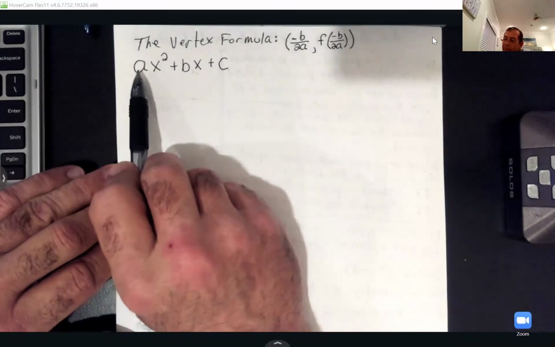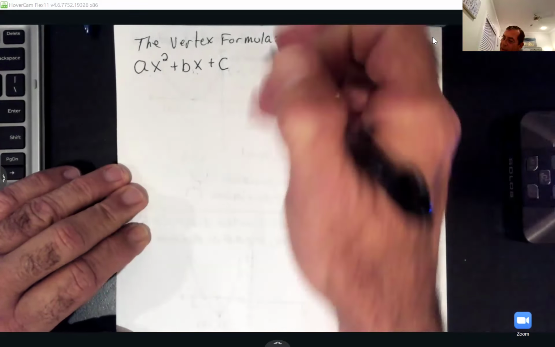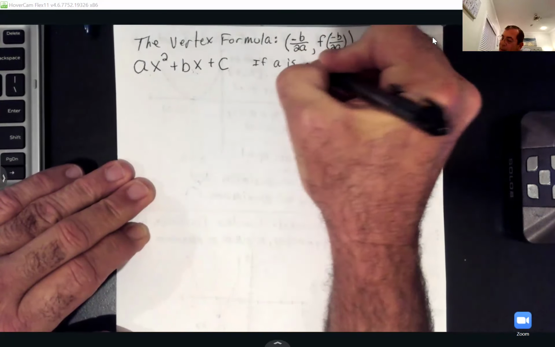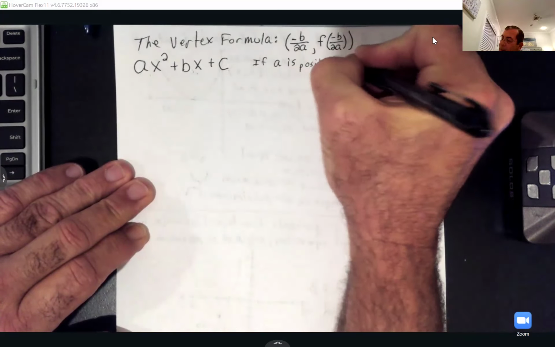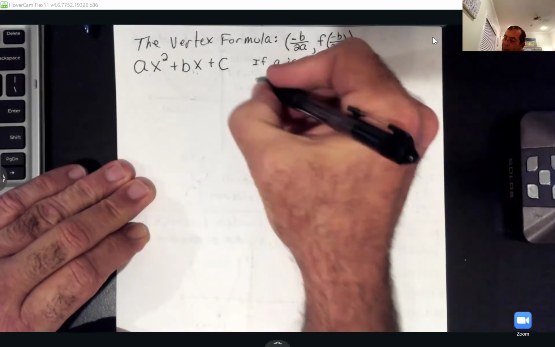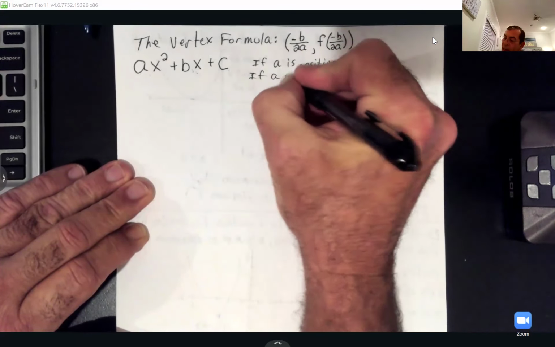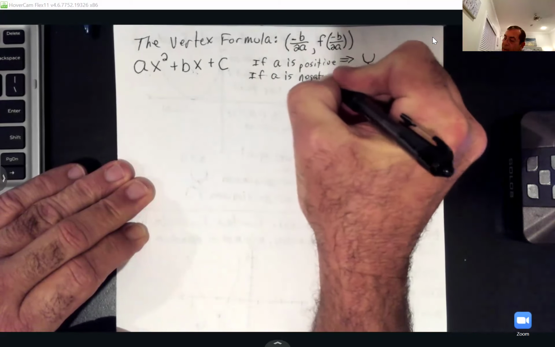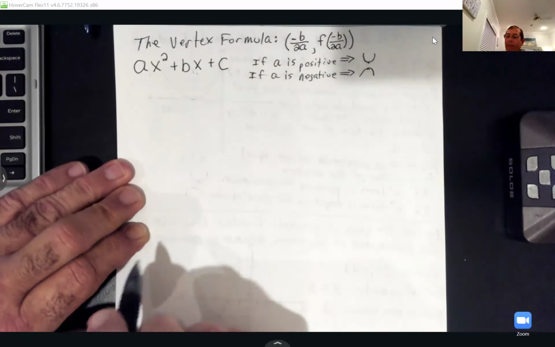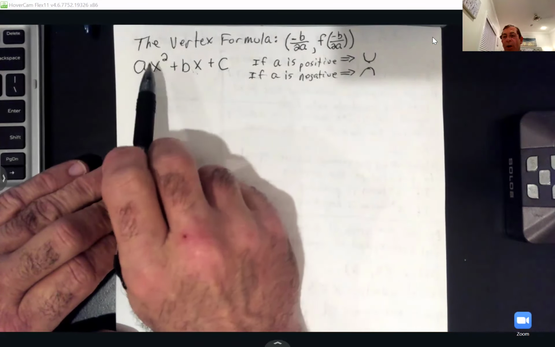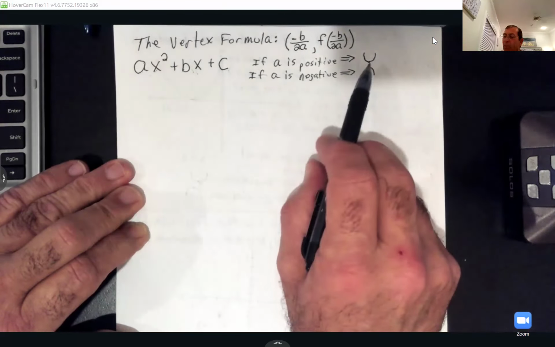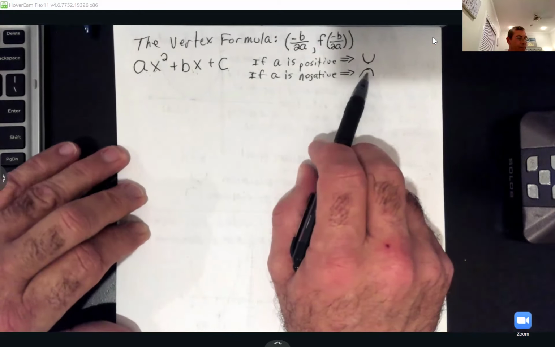Now remember, if that a is positive, I'm going to have a minimum. And if the a is negative, then I'm going to have a maximum. Because remember, the a is in front of the x squared term, like we said a while ago. So that sign tells me everything about whether I got a minimum or max, okay?